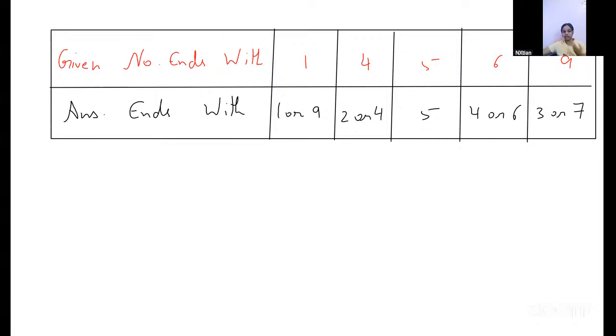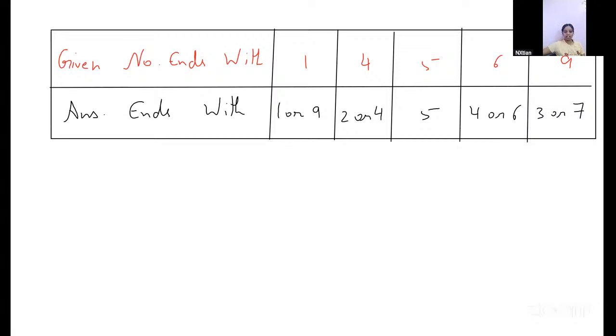So if the given number ends with 1, then our answer will end with either 1 or 9. We check the unit place digit of the given number. If it is 4, then the answer will end with 2 or 4. If it is 5, then 5 only. If it is 6, then 4 or 6. And if it is 9, then 3 or 7.